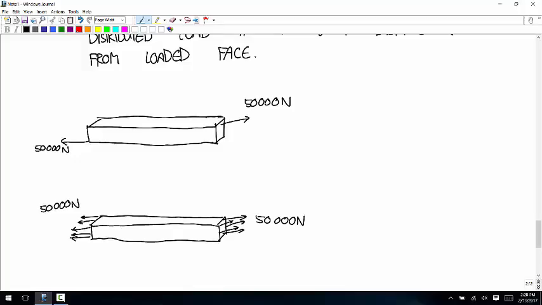Then at the ends, where those loads are applied, you can't trust the approximation, or the results do not match for these two.